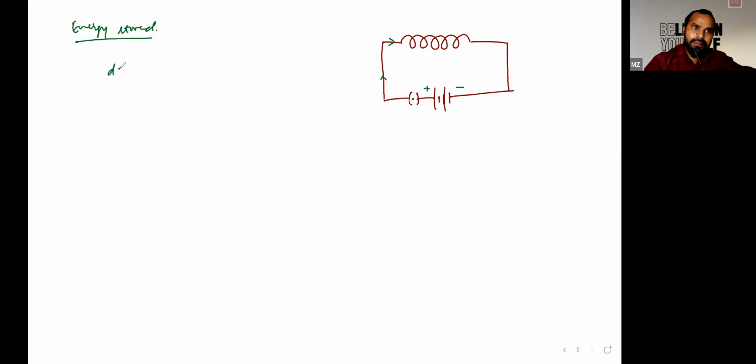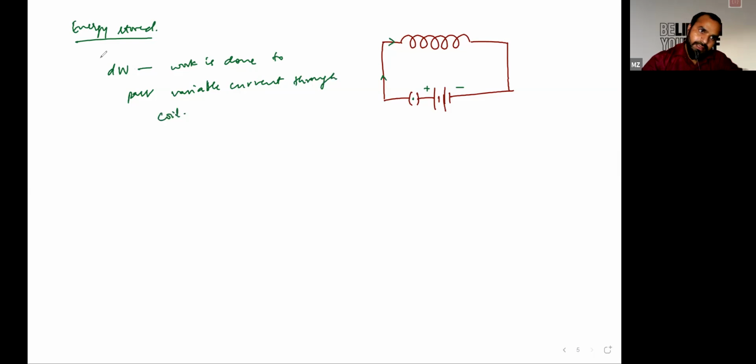So we define dW amount of work is done to pass variable current through the coil. And this amount of work done would get stored in the form of energy, which is called potential energy stored.